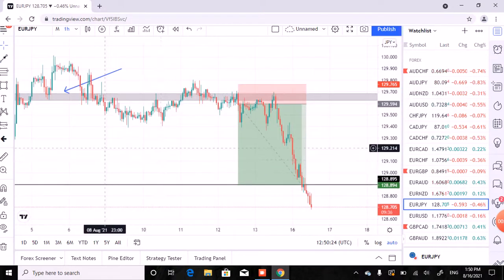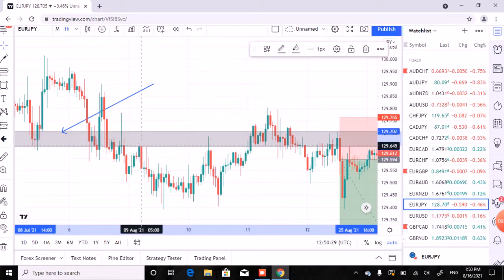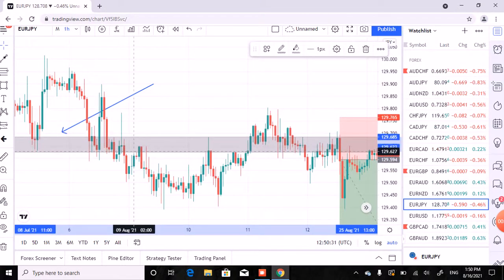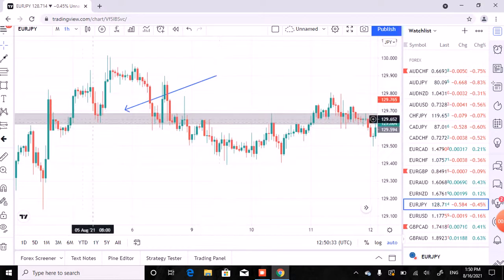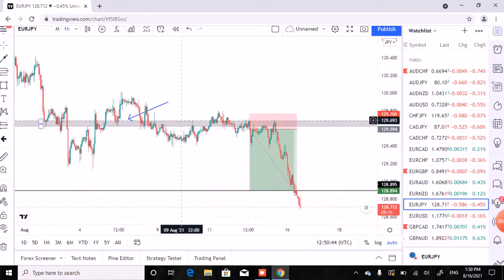Now if I zoom in more, you see that this zone was a support level, and this was a support level too here, because immediately price reached this area, it bounced up immediately, so you know that it is a valid support zone.